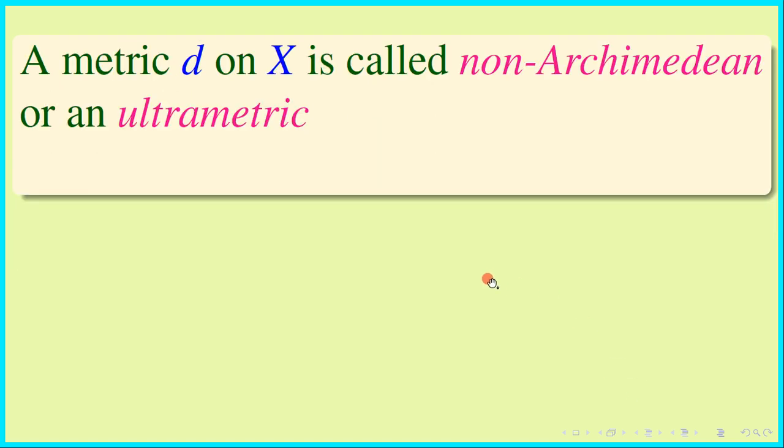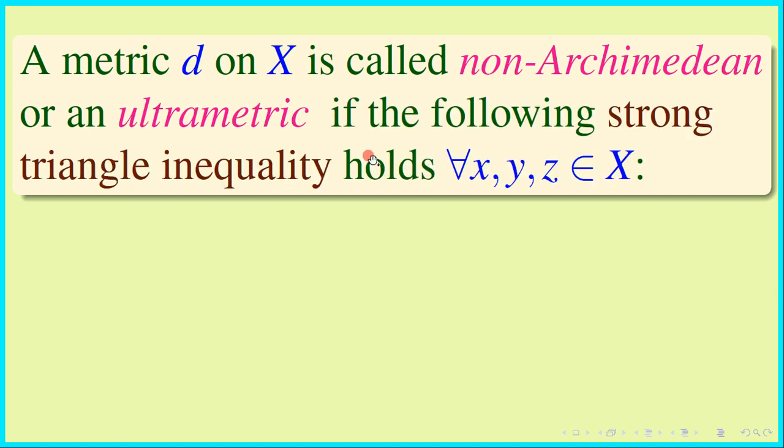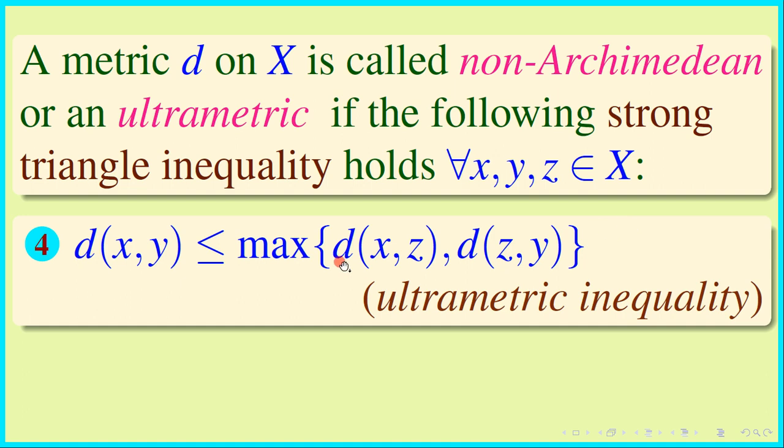A metric d on X is called non-Archimedean or an ultrametric if the following strong triangle inequality holds for all x, y, z in X. The condition is d(x,y) is less than or equal to, instead of the sum of d(x,z) and d(z,y), the maximum of d(x,z) and d(z,y).